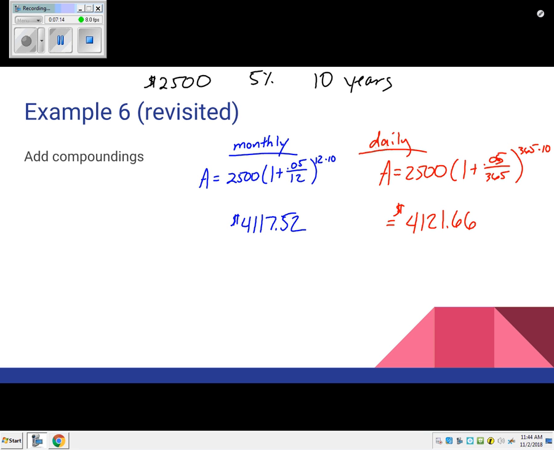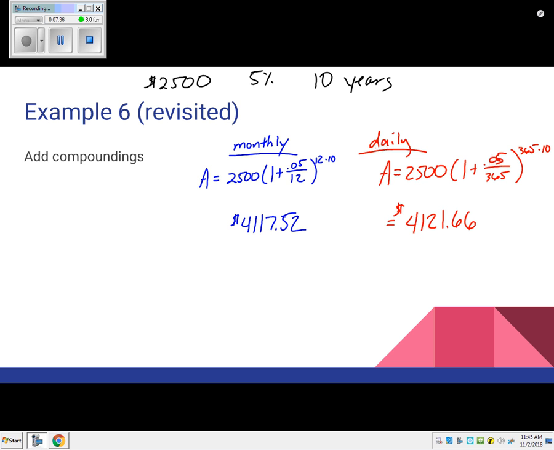Even upping the number of times it gets compounded in a year, I did change it some. It looks like I've gone from monthly to daily just with my math up here. It went up $4. While that's a great thing to have as far as getting compounded more, in terms of how much money's in there, we're not talking very much difference right here.